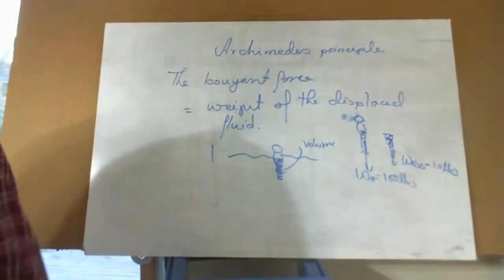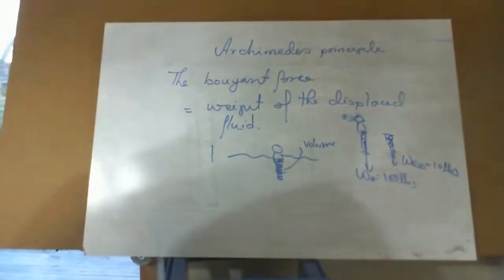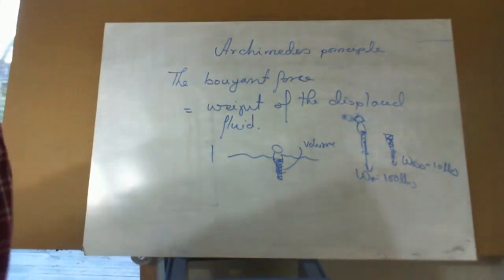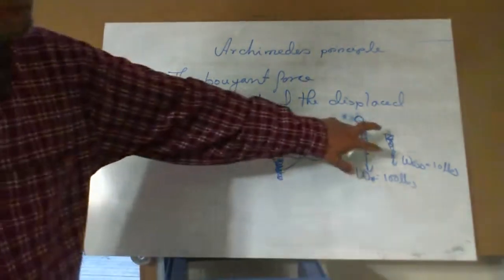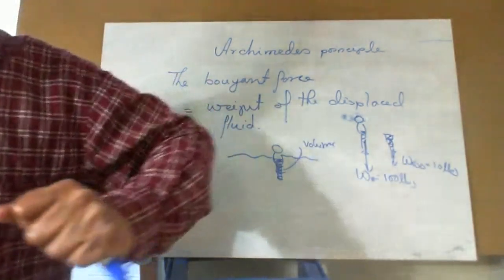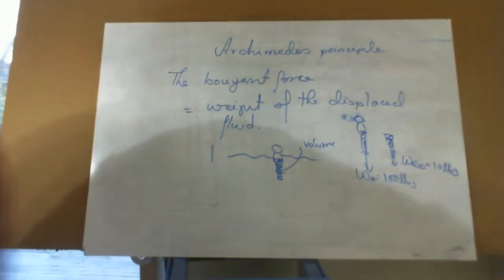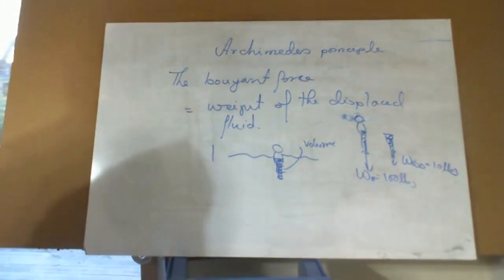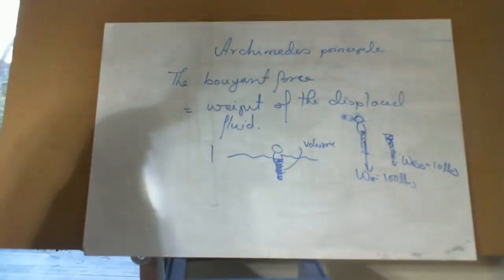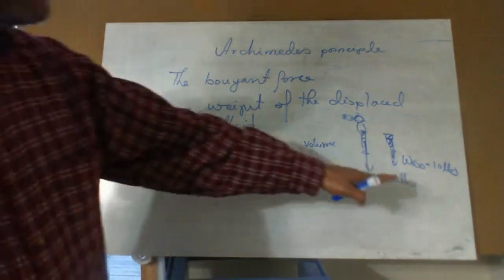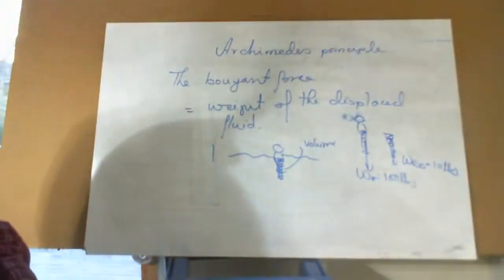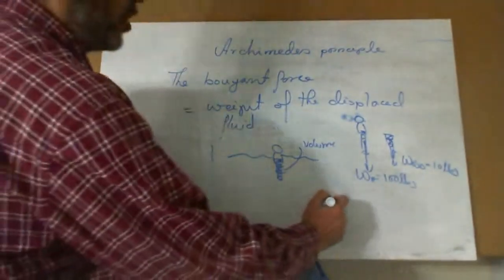So if his body displaces 10 pounds of water, he will feel 10 pounds lighter because there's an upward force equal to 10 pounds. If his body displaces 15 pounds of water, there'll be an upward force of 15 pounds, and so he'll feel 15 pounds lighter. So what is his weight in water?